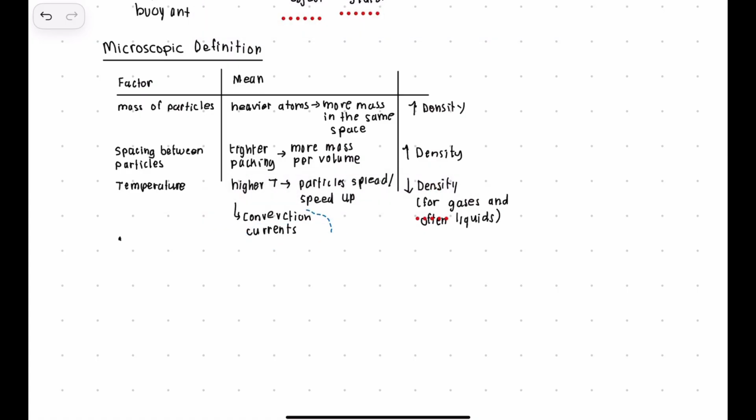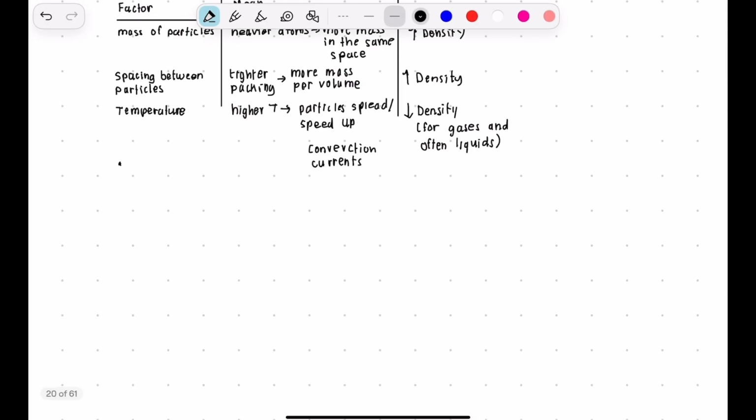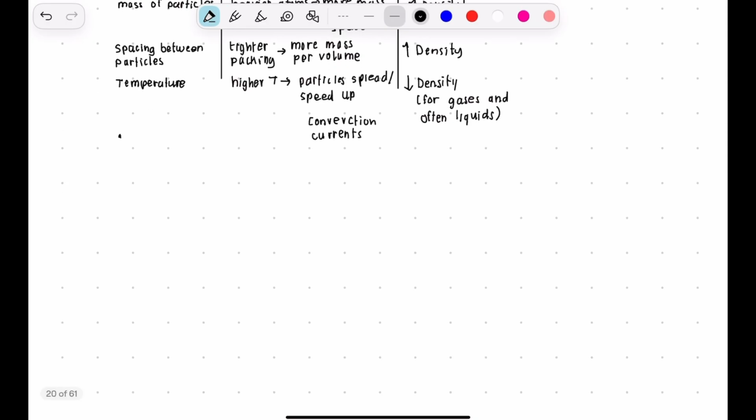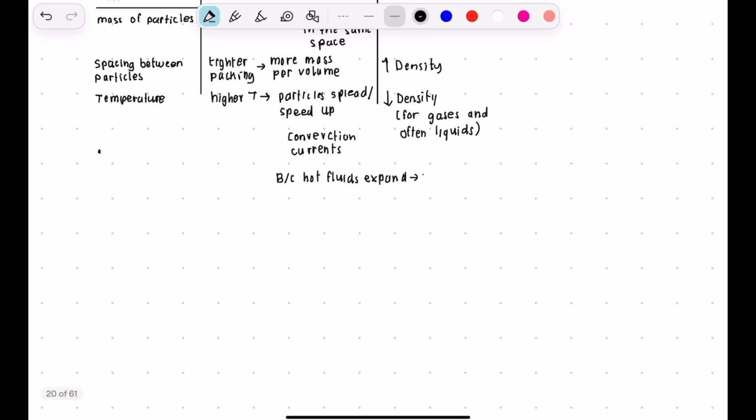To expand on this, because hot fluids expand, this will lead to convection currents.